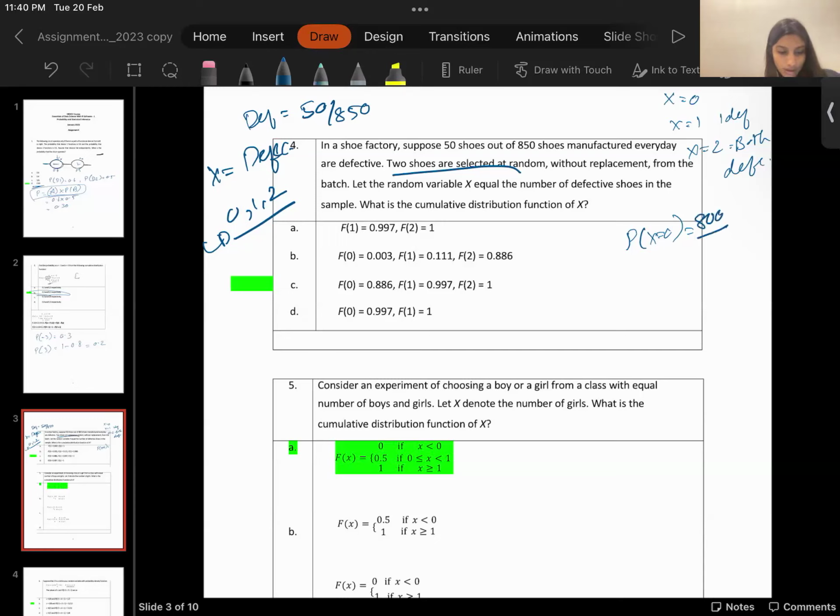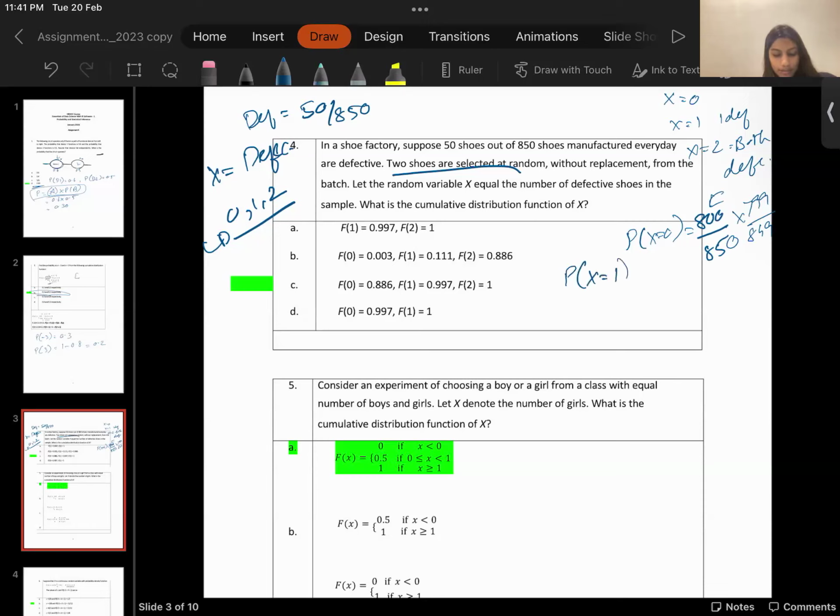So you have 800 non-defective shoes left. So now you pick one shoe from this. When you pick one shoe from this, it's 799 and this becomes 849. So solving for this, you will get the value of P of X is equal to 0.